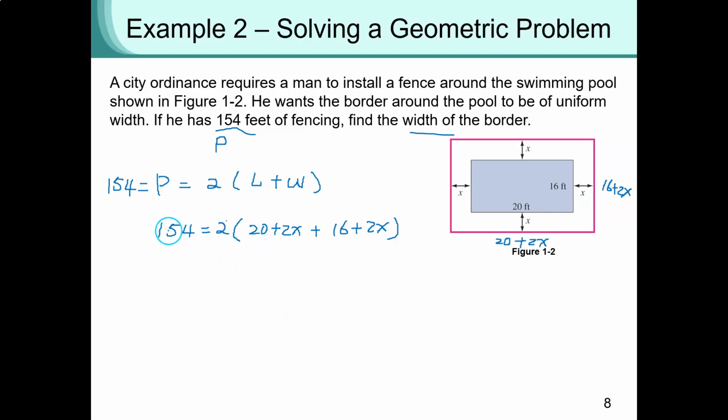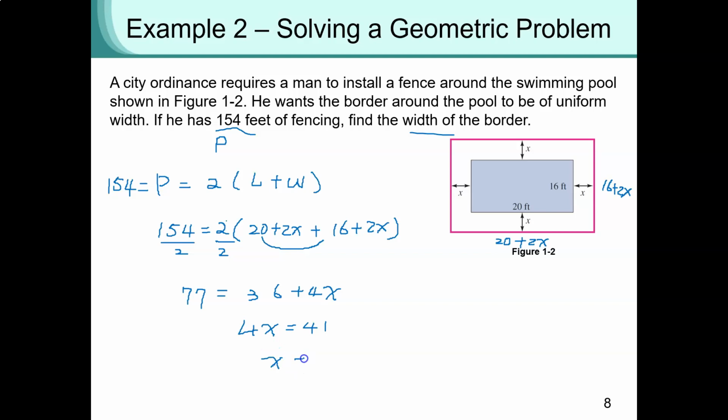Now I'm going to divide by 2 first. Divide by 2 on both sides. Now we'll have 77 is equal to, sum these two, 36 plus 4x. Now 4x is equal to 41.